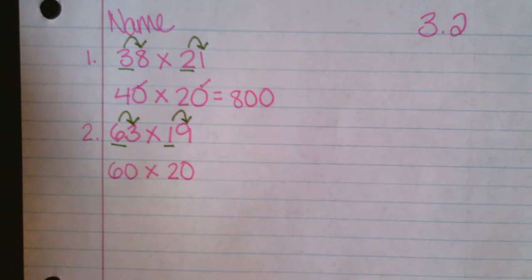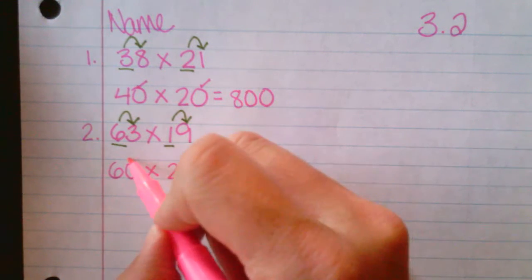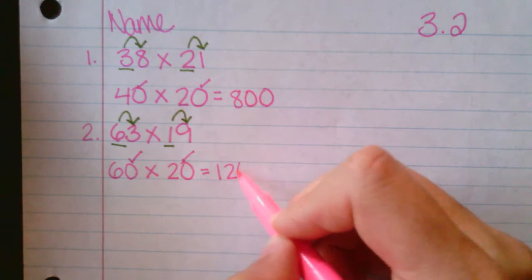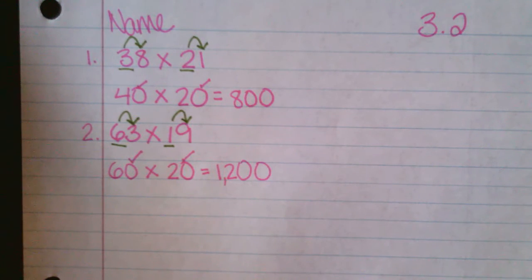So 6 times 2 equals 12. And then we have 2 zeros. 60 times 20 equals 1,200.